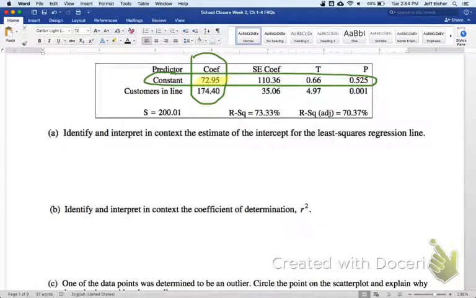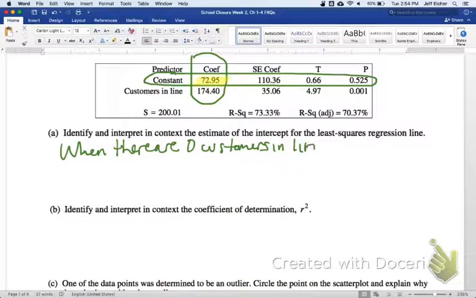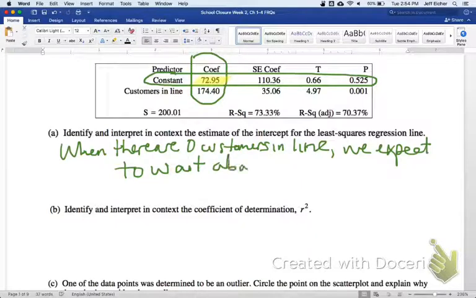So we would say, when there are 0 customers in line, we expect to wait about 72.95.